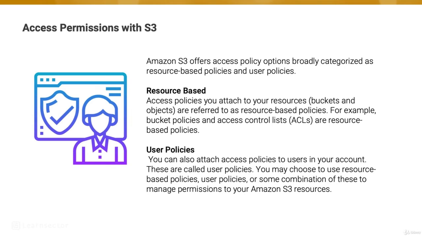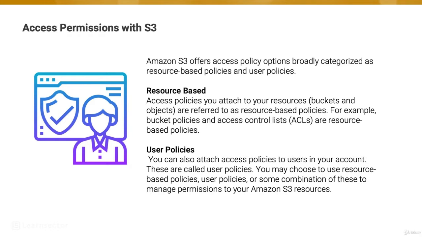This is one way. Another way is user based policies, wherein you go to the IAM console, that is Identity and Access Management. There you create the policy, and in that policy you mention what type of access you're going to provide to the user on that particular bucket, and attach that policy this time to the user and not to the bucket.